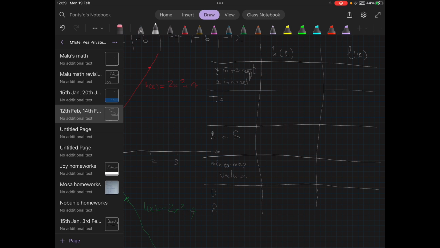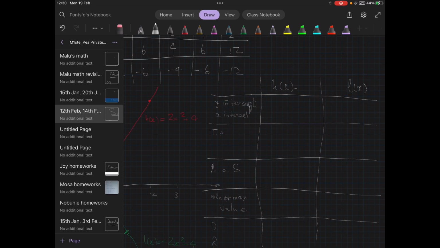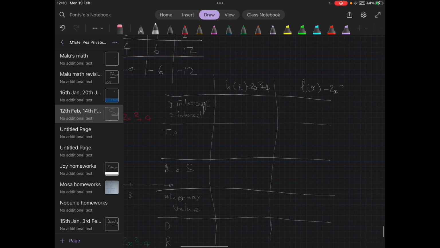Alrighty. Okay, let's do our y-intercept for h of x, which is 2x squared plus 4. At x is 0, y is 4, and at y is 0, we don't have roots for this one.